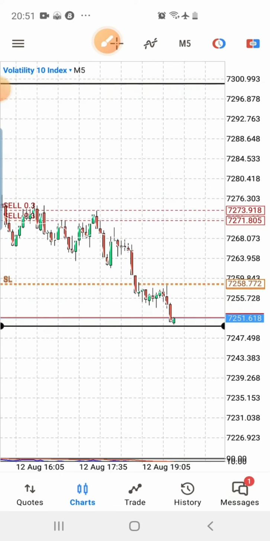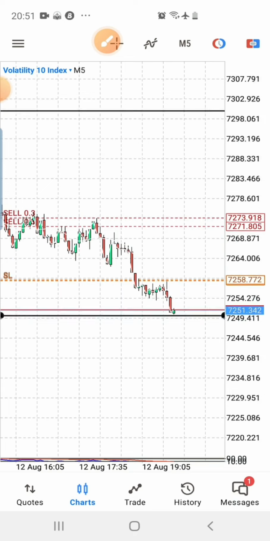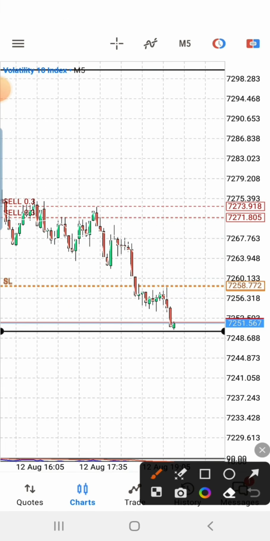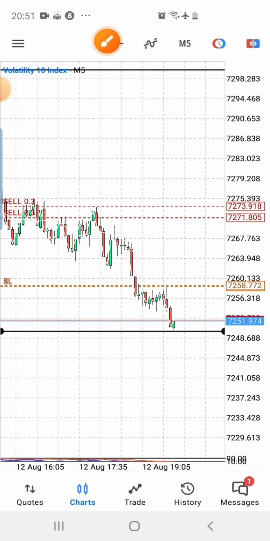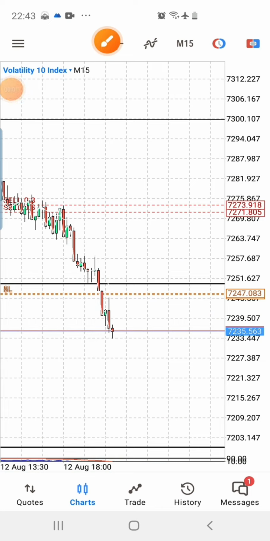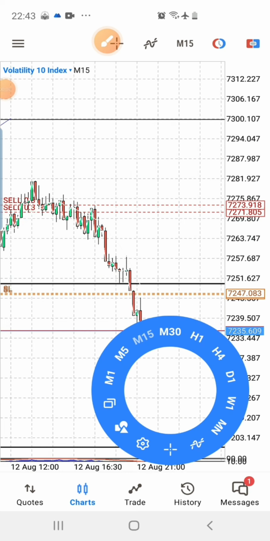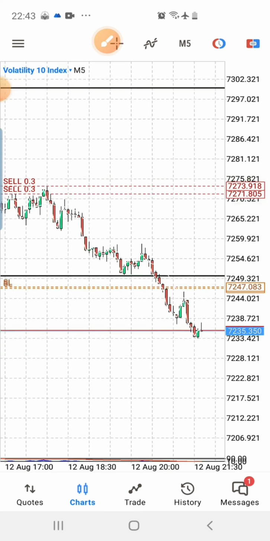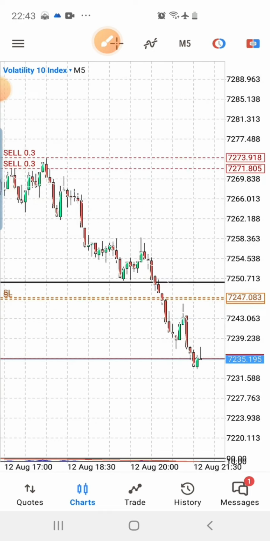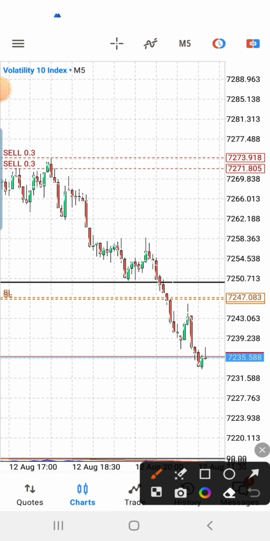You can see there is no more TP right here, so the trade can go as far as possible. So guys, as I told you already, I will be carrying you along as we proceed with this trade. If you look right here using the 5 minutes time frame, you can see we cleared even the psychological level, which is the point I took profits on about 3 trades or so.